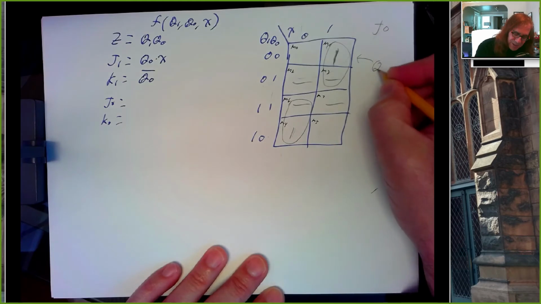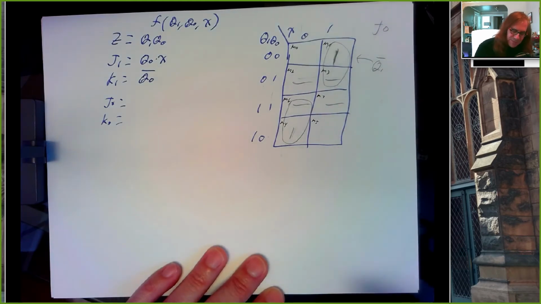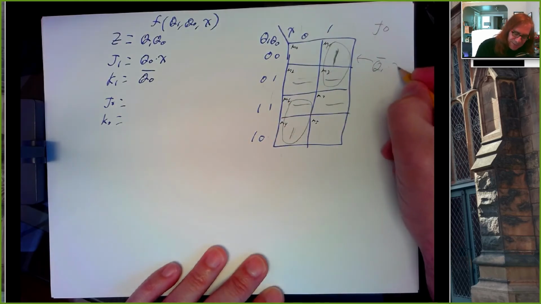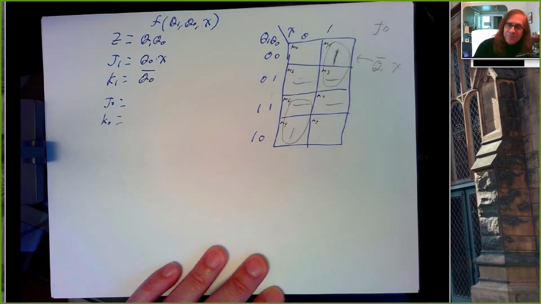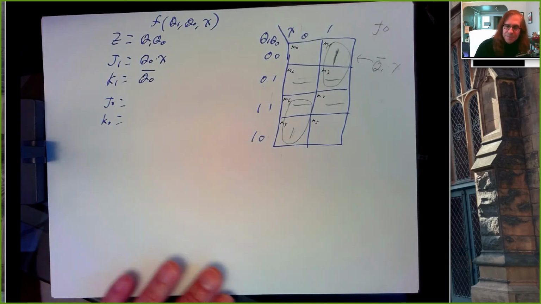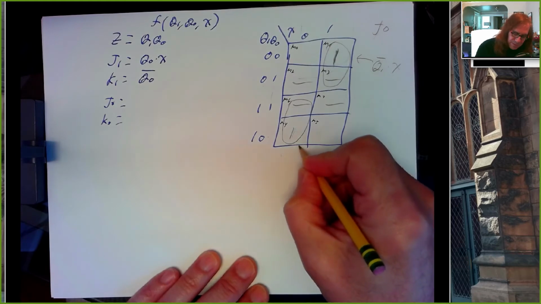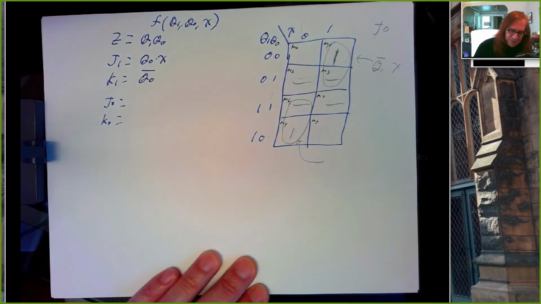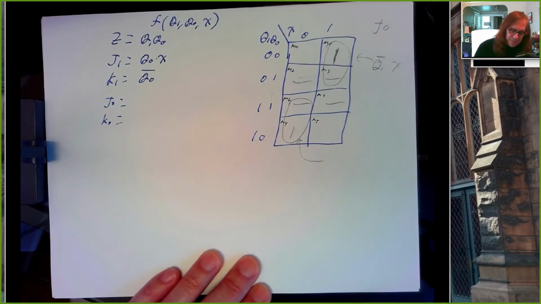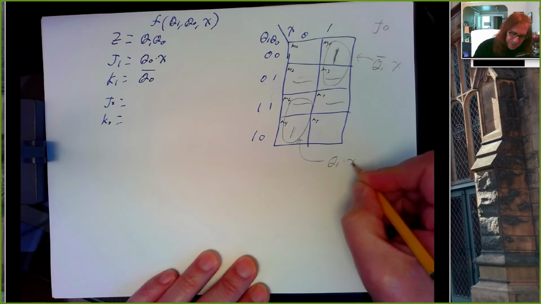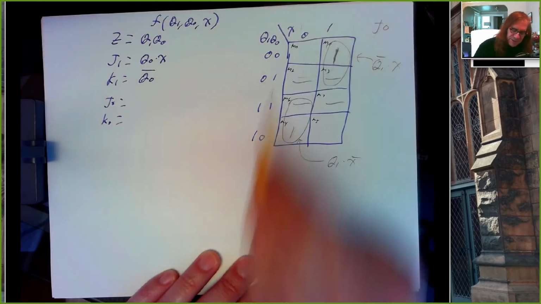So yeah, we write that as Q1 not. Q0 doesn't matter. And then we have to AND it with X because X has to be a 1. Everybody see that? And then how about this one down here? It would be Q1 ANDed with X not. Perfect. So that's Q1 ANDed with X not.